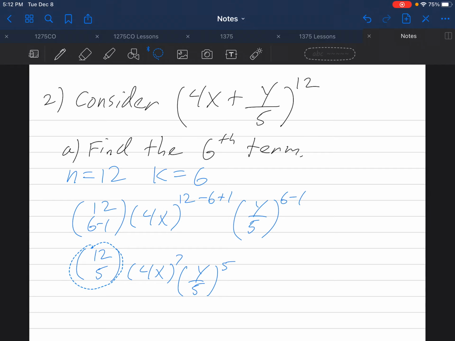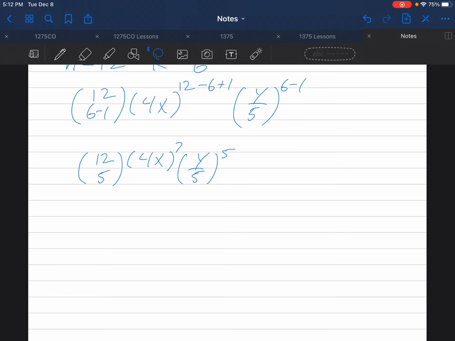That's better. So 12 choose 5 is equal to 792. This is 4 to the 7th power and x to the 7th power.